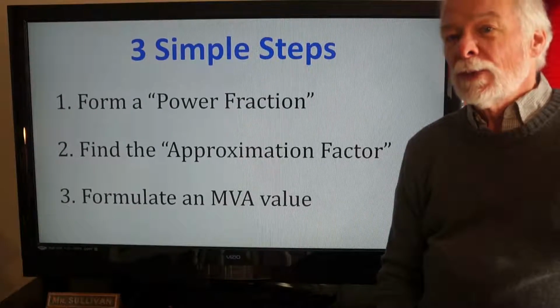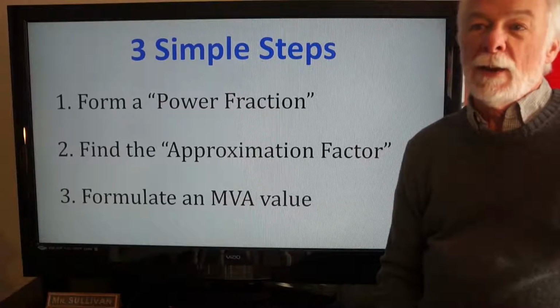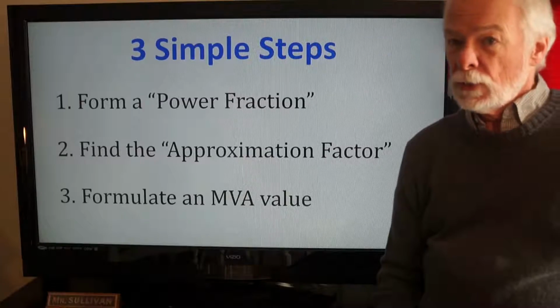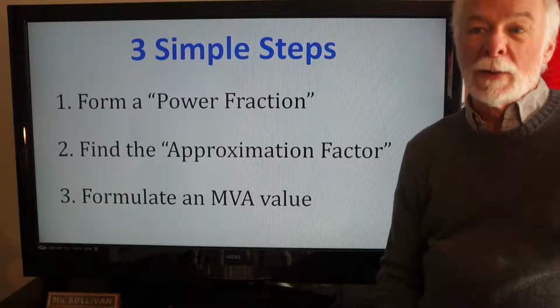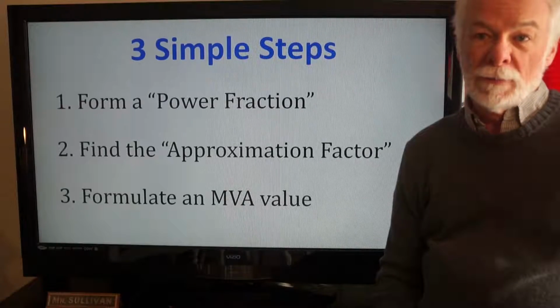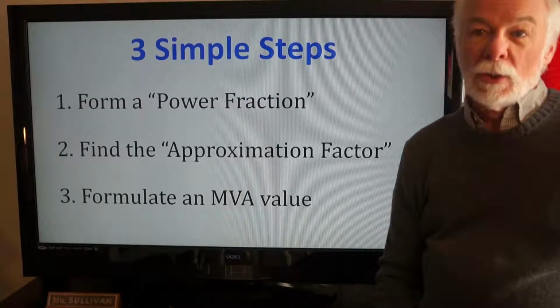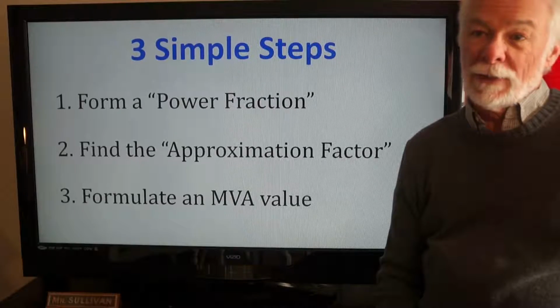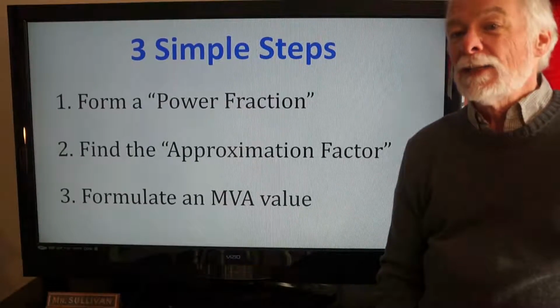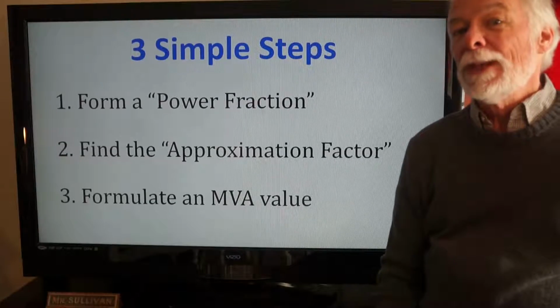We'll follow three simple steps as we approximate our apparent power value. First, using the MW and MVAR readings that we've been given, we'll form a power fraction. Next, using the decimal equivalent of that fraction and my slide rule, we'll find the associated approximation factor.